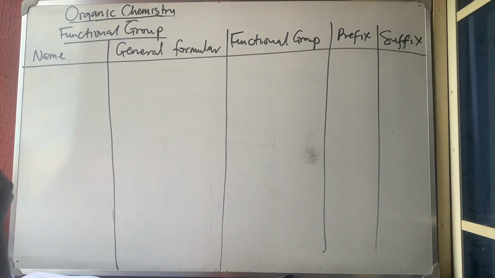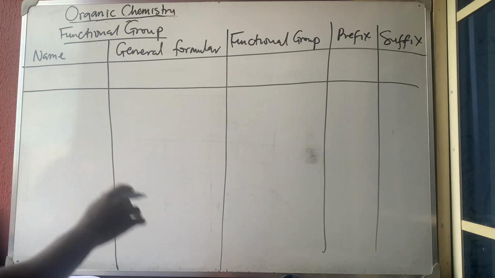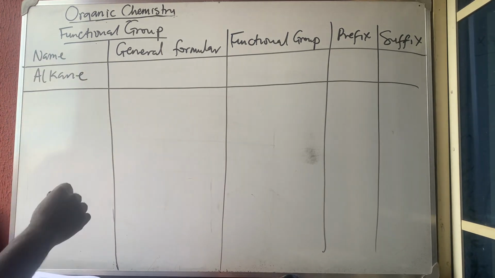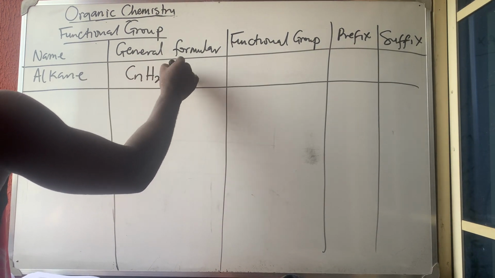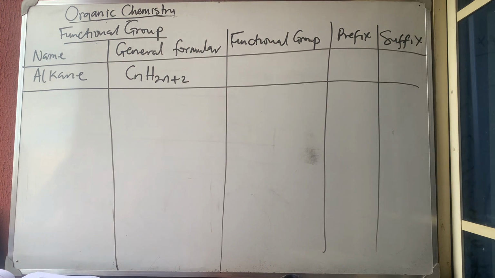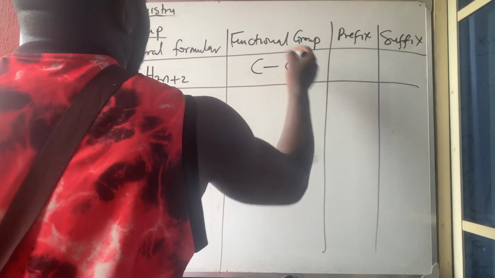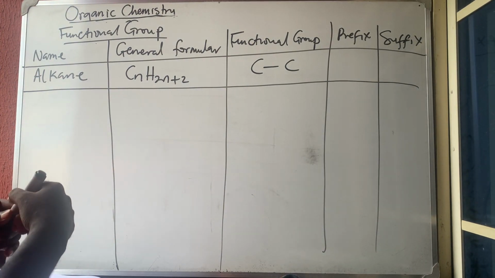Okay, so the first one we're going to talk about is the alkane group. The general formula for the alkane group is CnH2n+2. Don't forget. Their functional group is just one bond, a single bond.